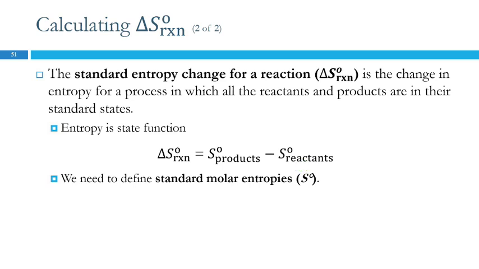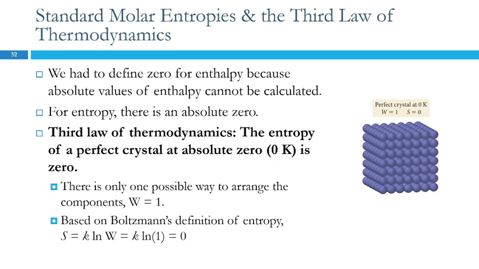So we've talked about standard states, but now we need to define what standard molar entropies are. So this is the molar entropy of something in its standard state. So we had to decide what 0 was for enthalpy, because an absolute measure of enthalpy cannot be calculated.